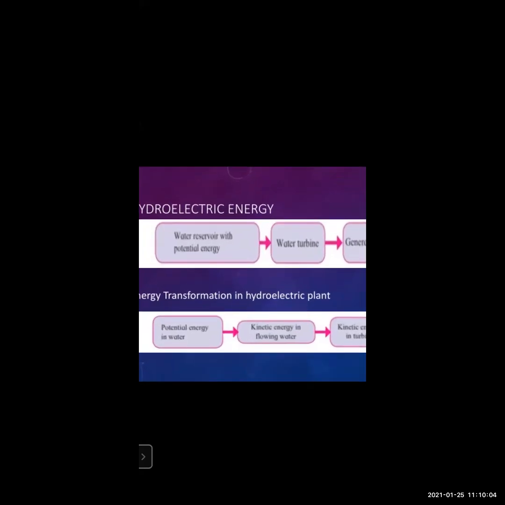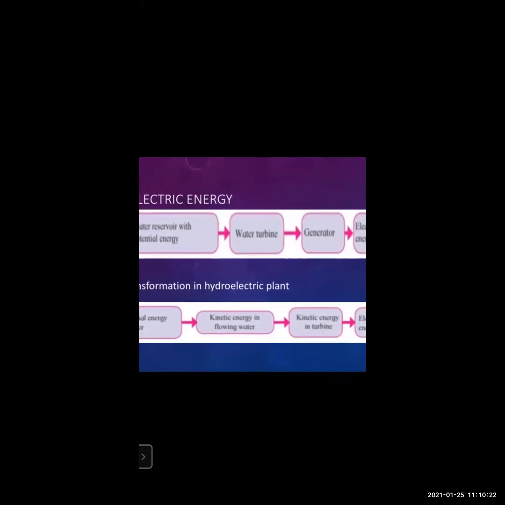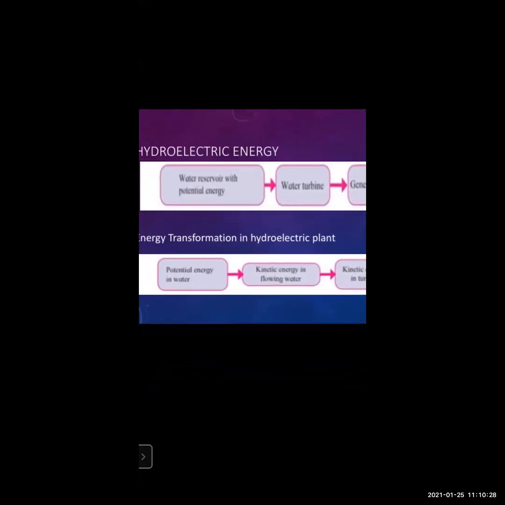Just have a look at the flow chart. What you see are the different stages in a hydroelectric power plant. The potential energy in water drives the water turbine, the turbine drives the generator, and the generator generates the electricity.